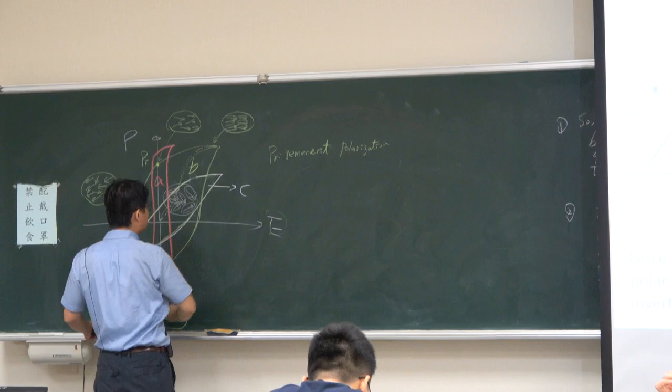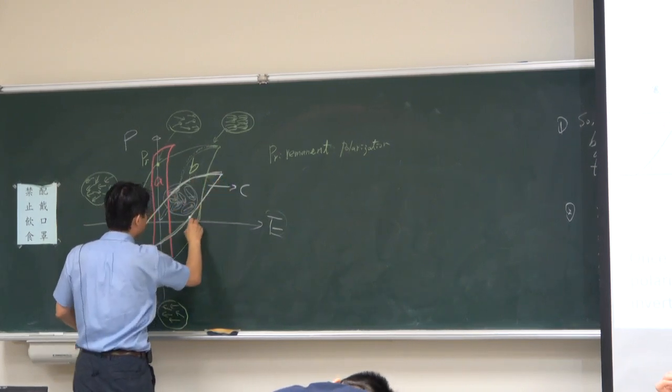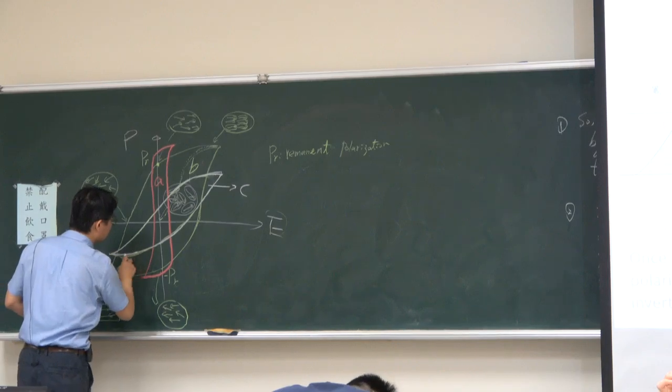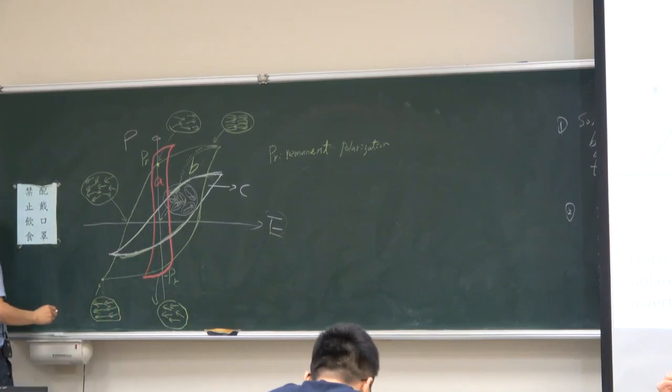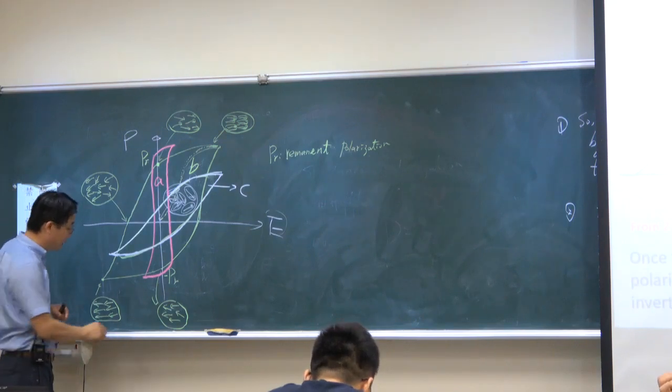Green is the B curve. You have these three curves.